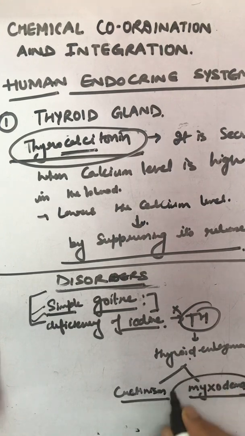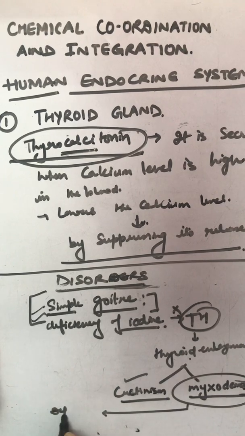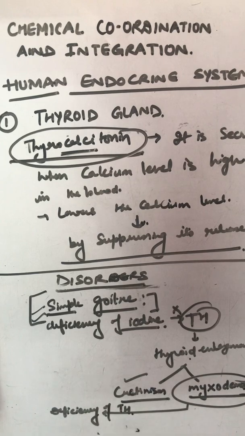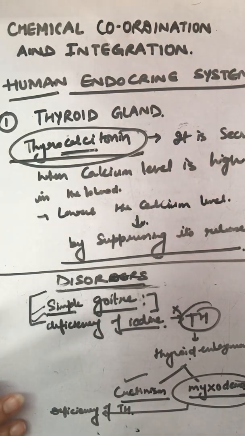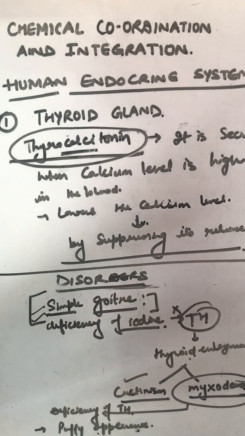Now this myxedema, this we have already done. It is also caused by the deficiency of thyroid hormone. It is characterized by puffy appearance due to accumulation of fat in the tissue, and when there is low metabolic rate, automatically fat accumulates.